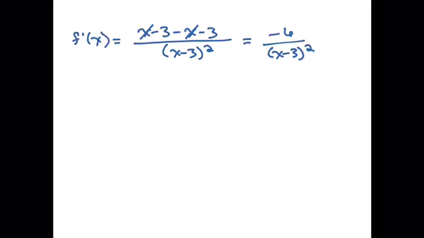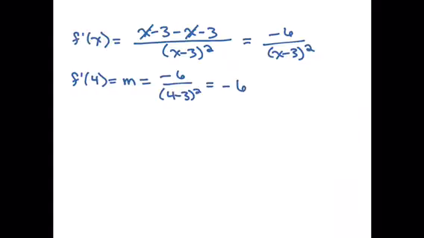So now I've found my derivative, but we need to plug in our x equals 4 to find our slope. So when I do that, I get negative 6 over 1, so our slope is negative 6.